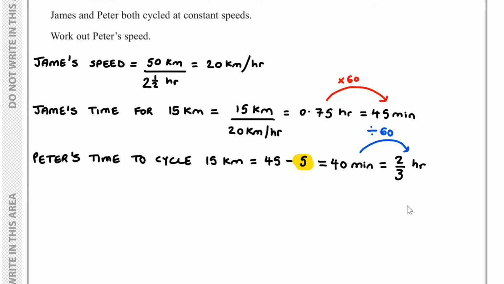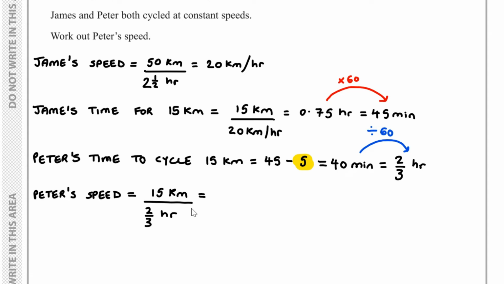So how does this help us? Well, we need to work out Peter's speed. We know his time in hours. We know the distance, that's 15 kilometers. So we can easily work out Peter's speed. So Peter's speed is equal to 15 kilometers over 2/3 of an hour.